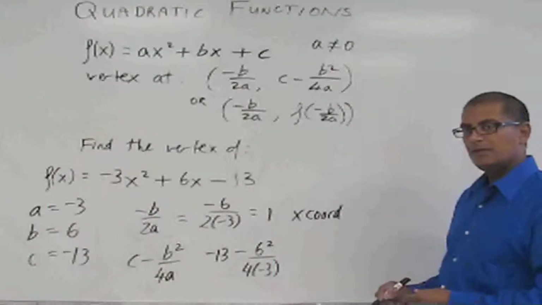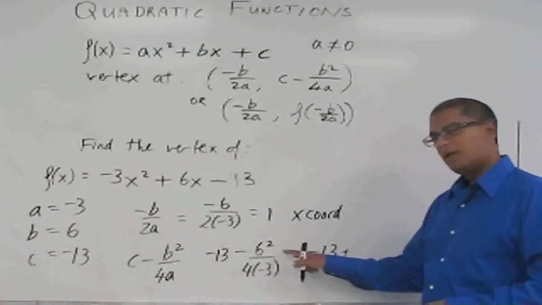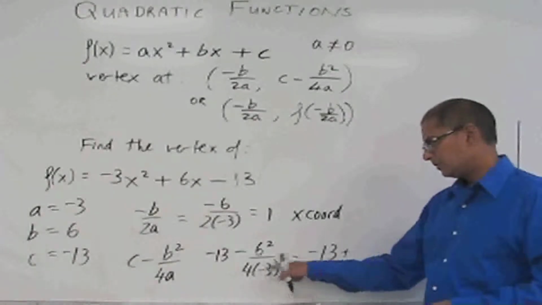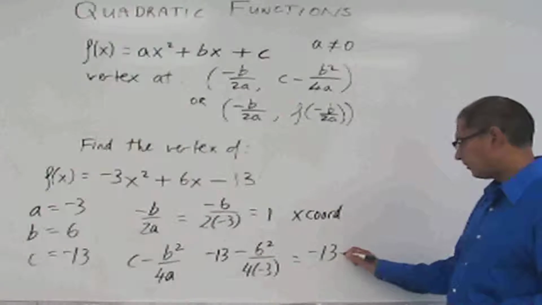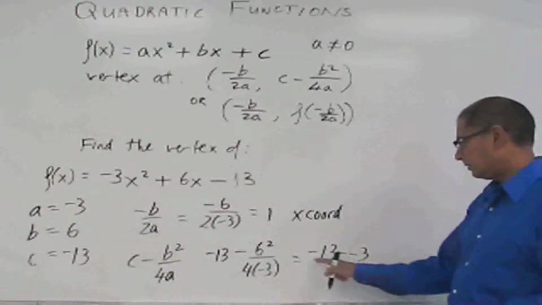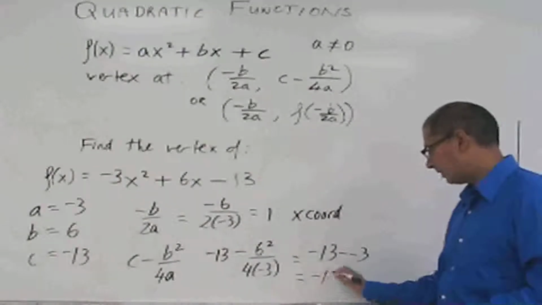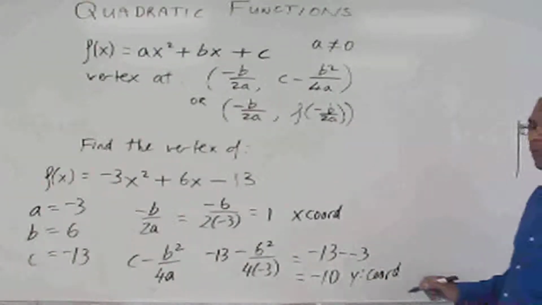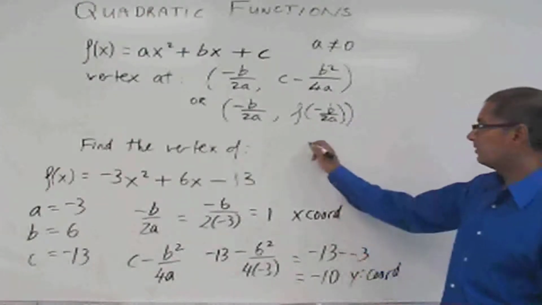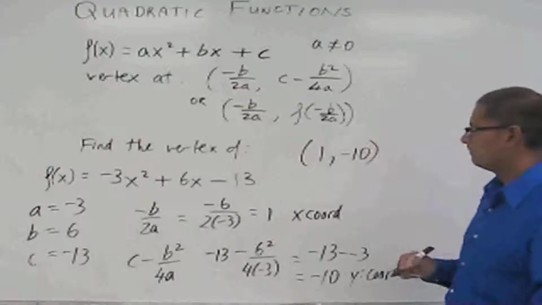So we simplify this: negative 13 minus 36 over negative 12, 36 over negative 12 is negative 3, so we'll have a minus minus 3. But negative 13 plus 3 gives you negative 10. So that's the y-coordinate. Therefore my vertex is at (1, negative 10).